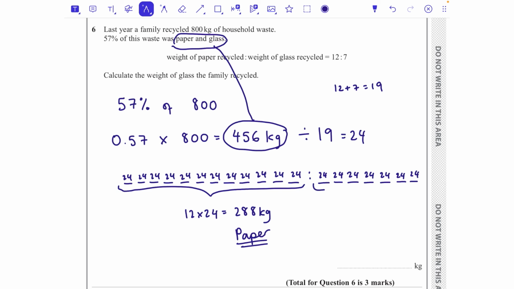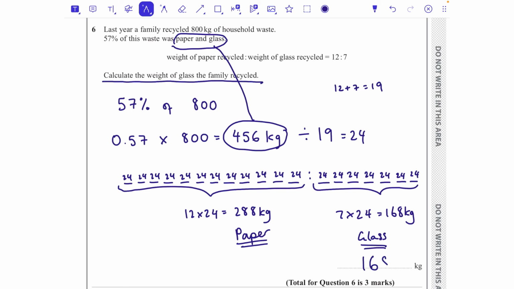And on the right-hand side, I've got 7 lots of 24, and 7 lots of 24 is going to be 168 kilograms. And that's your glass. So what did they ask me? They asked calculate the weight of glass the family recycled. That's going to be 168 kilograms for that one.